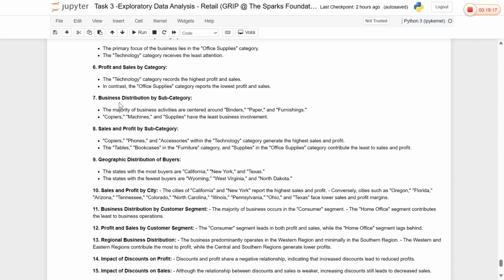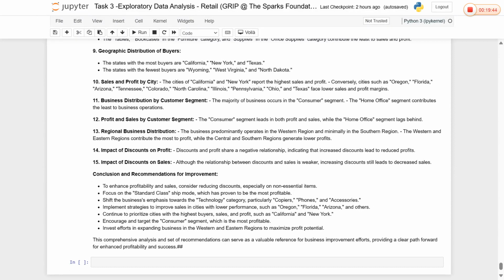The business distribution by subcategories: binders, papers, and furnishings have the majority in the business activity, but copiers, machines, and supplies have the least business involvement. Copiers, phones, and accessories within the technology category generate the highest sales. The tables, bookcases in the furniture category, and supplies in the office supplies category contribute to the least profit.